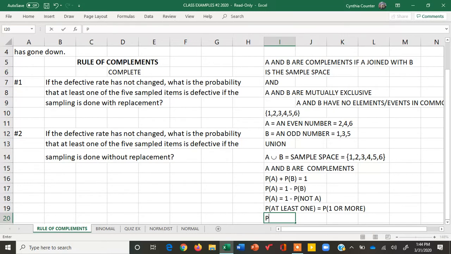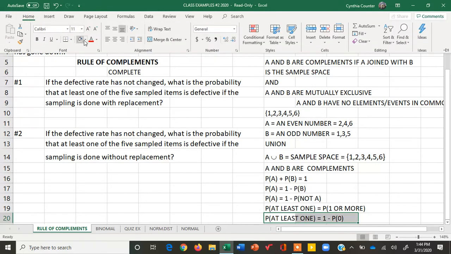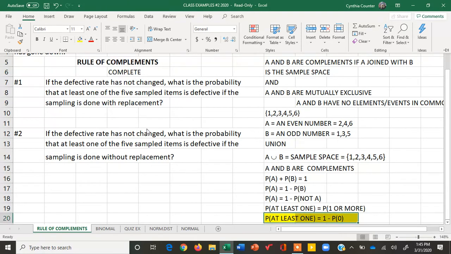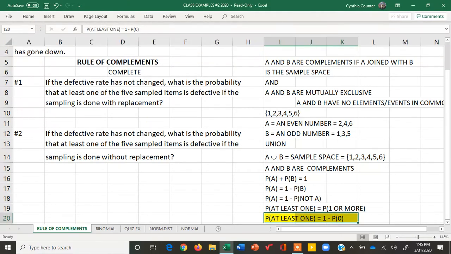So we find the probability of at least 1 by computing 1 minus the probability of none or 0. So the probability of at least 1 equals 1 minus the probability of 0, and this is what we're going to be using in applying the rule of complements to these sampling problems.